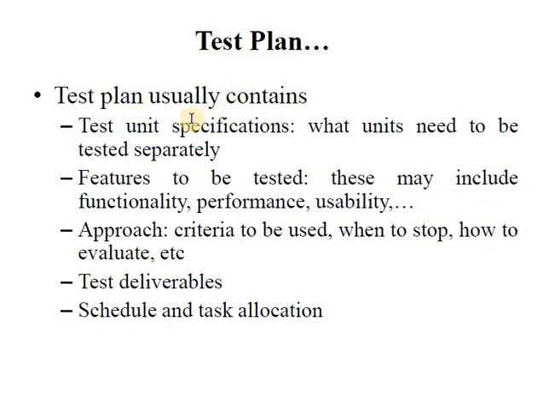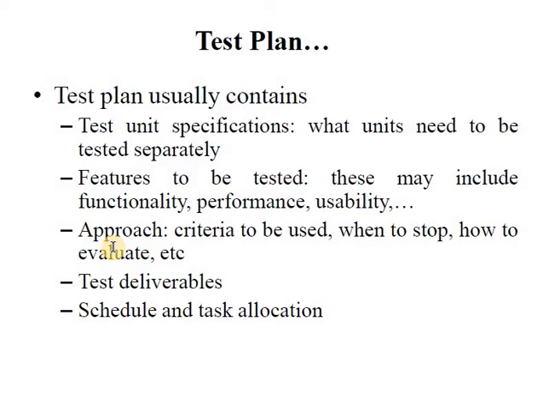So what does a test plan usually contain? It contains the list of test cases and the approach, what criteria to be used and when to stop, how to evaluate, overall the planning of the testing activity, and the test deliverables.